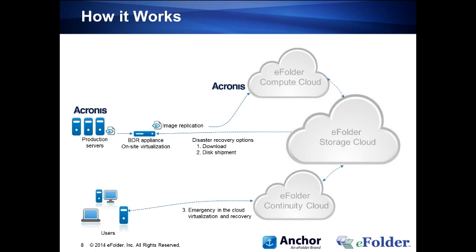And then when and if you have an outage of any kind at the client location, you have different recovery options. You can download the data from the eFolder cloud.